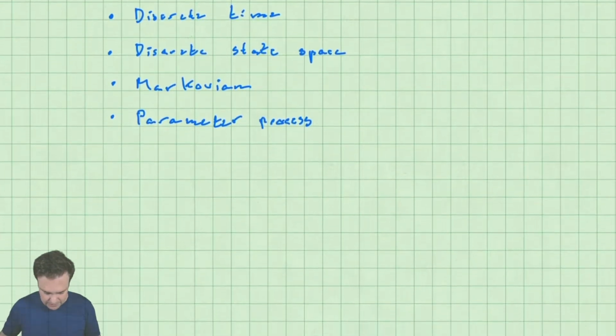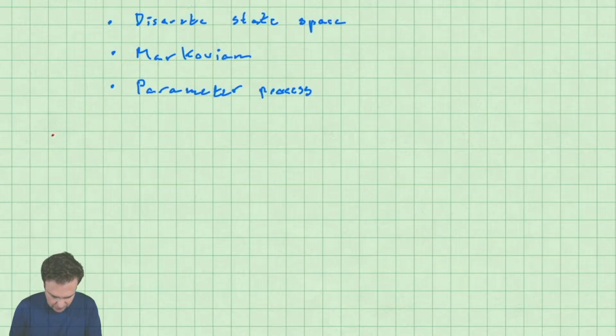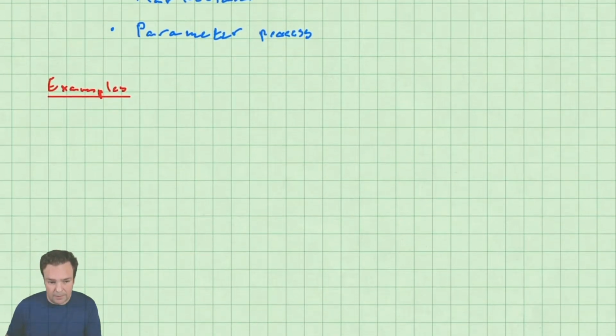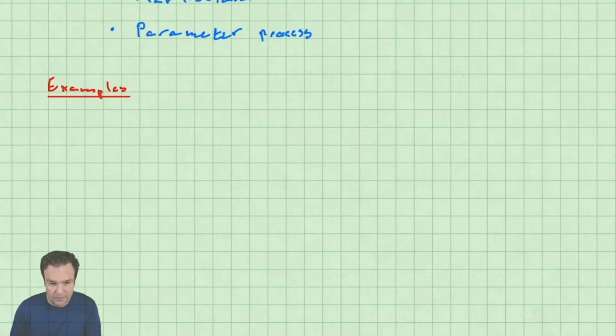And I thought I would just make a little table of a collection of other examples, just to get your mind thinking about things that you could study with hidden Markov models. So we'll just say these are examples, and we're just going to make a little table. On one side there's observed, and on the other side there's the hidden process.